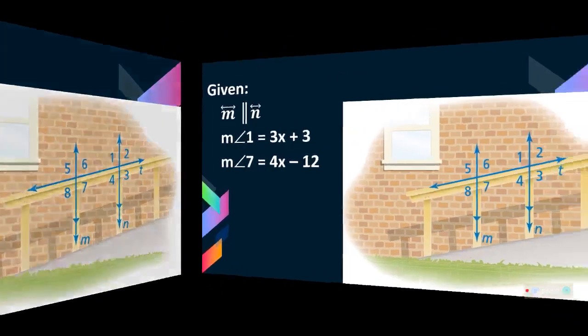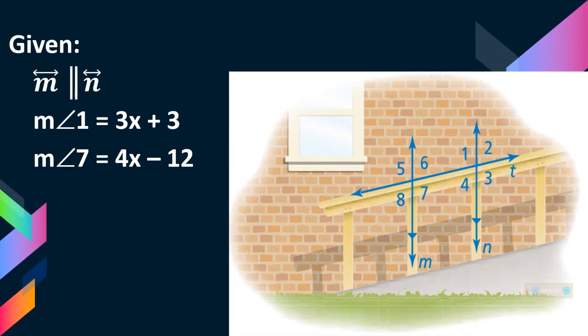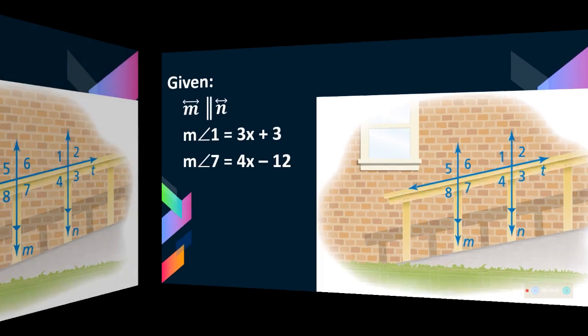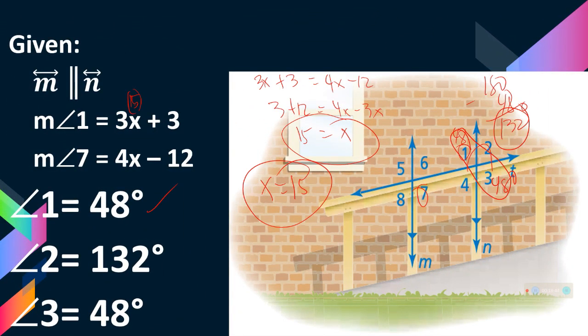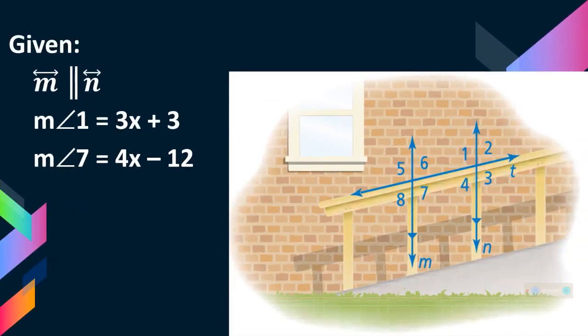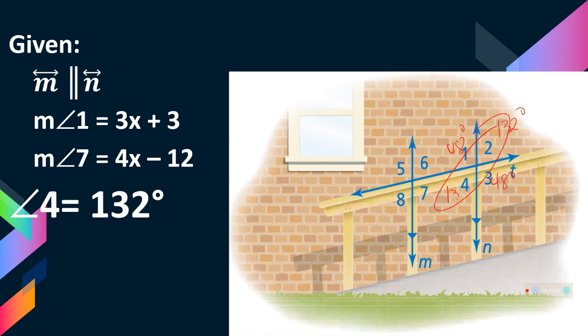Using the figure again, our angle 1 is 48 degrees, angle 3 is also 48 degrees, and angle 2 is 132 degrees. Let's proceed with angle 4. What's the measure of angle 4? That's correct. You may use the corresponding angles, or you may also use linear pairs.